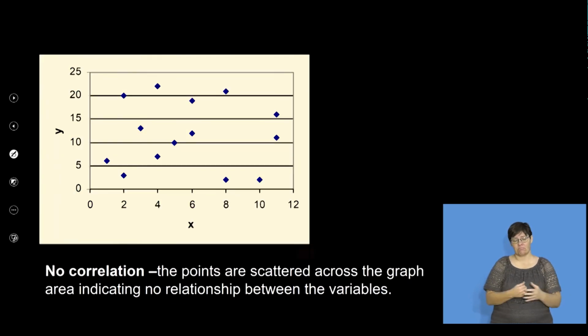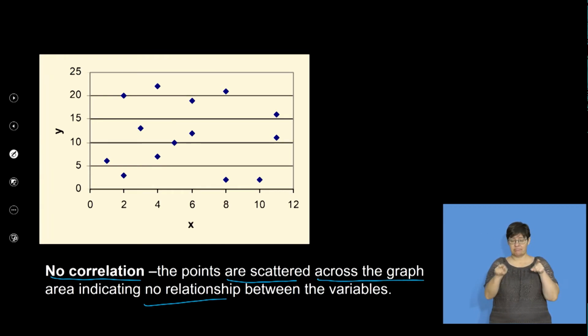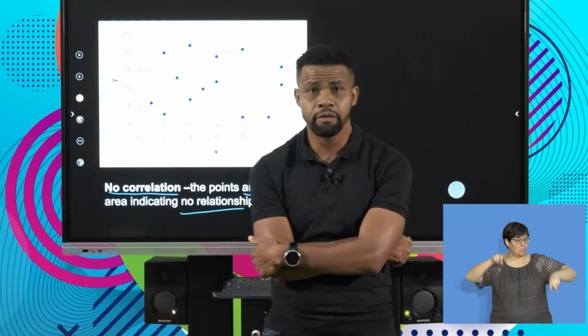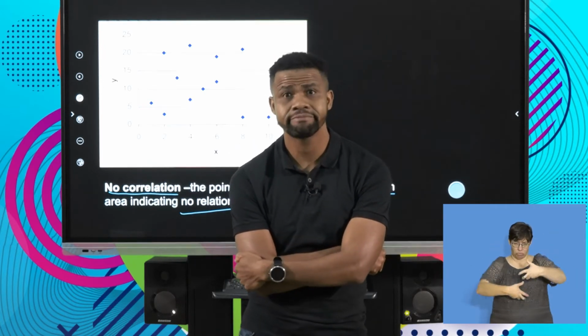Now, what about no correlation at all? With no correlation, the points are scattered across the graph, indicating no relationship between the two variables. There's no relationship. Can I draw a line then? I cannot draw a line. Can you think of two variables with no correlation? It's like no association between them.